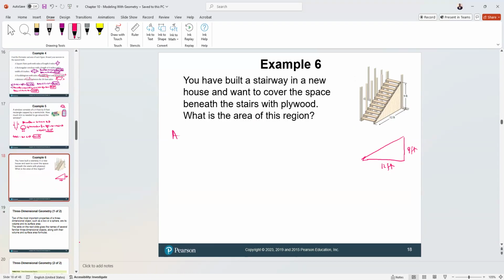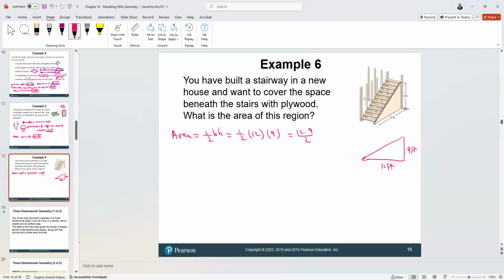So the area is 1/2 times base times height. The region to be covered is triangular, right? With a base of 12 feet and height of 9 feet. Now, you just need to do 12 times 9 over 2.